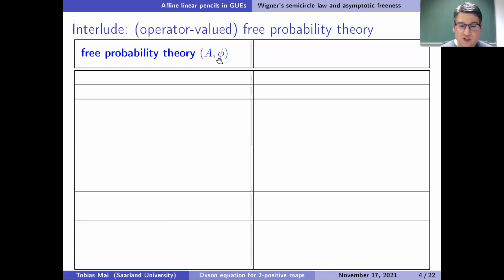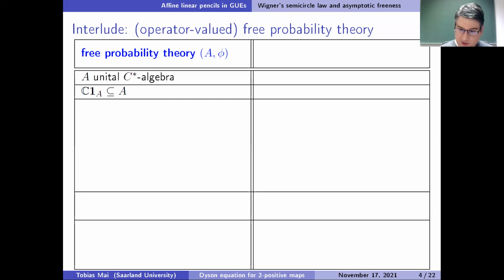By this I mean just an algebra. This is somehow the analog of the algebra of random variables, and a phi which plays the role of the expectation. But here we just forget about this classical probability language. We just talk about the setting, a unital algebra, of course, and a unital linear functional phi defined on that algebra.